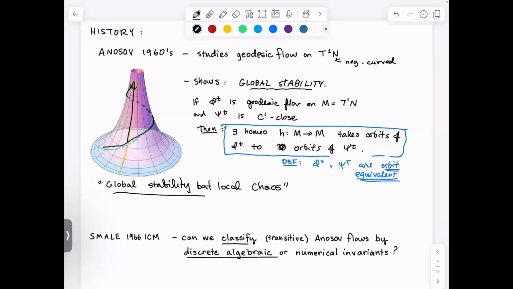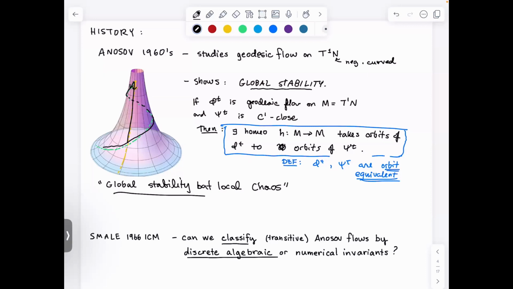The fact that you have global stability, though, means that whatever the classification, it should be essentially discrete, right? If you have fine complete invariants, they should be discrete invariants because small perturbations don't change this, right? There can only be, this is a little argument you need to do, but there can only be countably many examples in existence at all. Hence discrete algebraic or numerical invariants are what we're looking for in a classification.